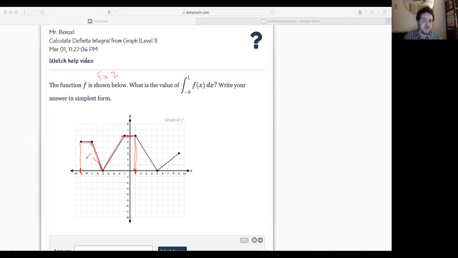So I'm going to call this like region 1, and I'm going to call this region 2, or you could call them like A and B, you know, like they did on the previous one. I just like kind of just doing them by region. So the region 1 is 1/2, and you do need to find your, you know, B1 and B2. So let's see, this is going to be 2, and this is going to be 4, and my height is going to be 5.